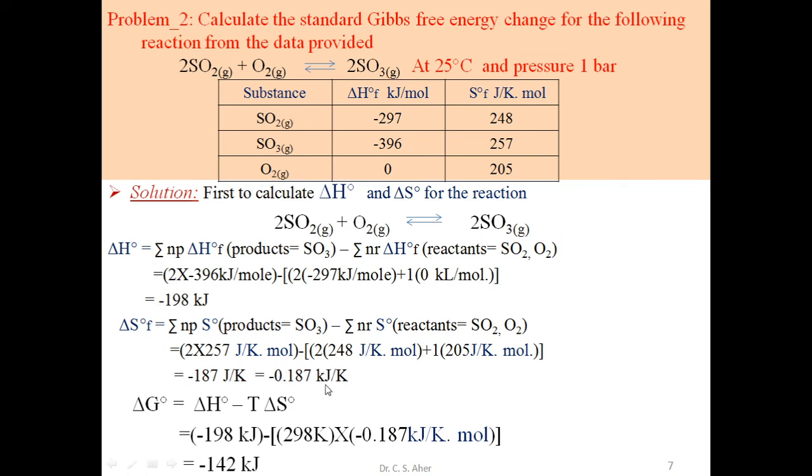We put this kilojoule value, open the bracket, solve this example by calculation, and we have the final answer: the standard Gibbs free energy change for this reaction is minus 142 kilojoule. So this is the correct answer. Solve similar problems and write them in your chemistry notebook.